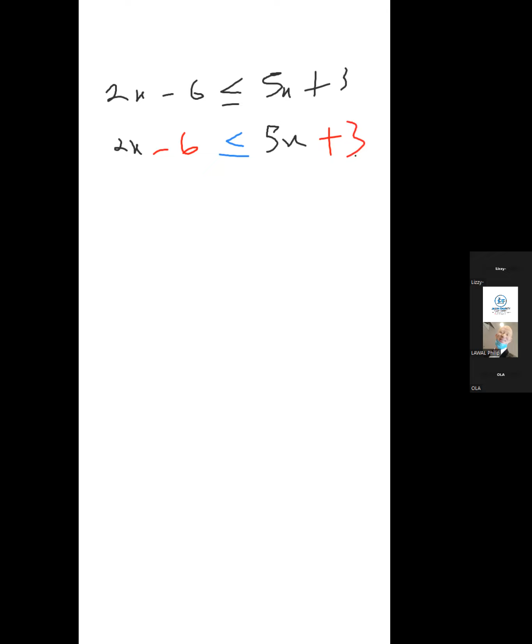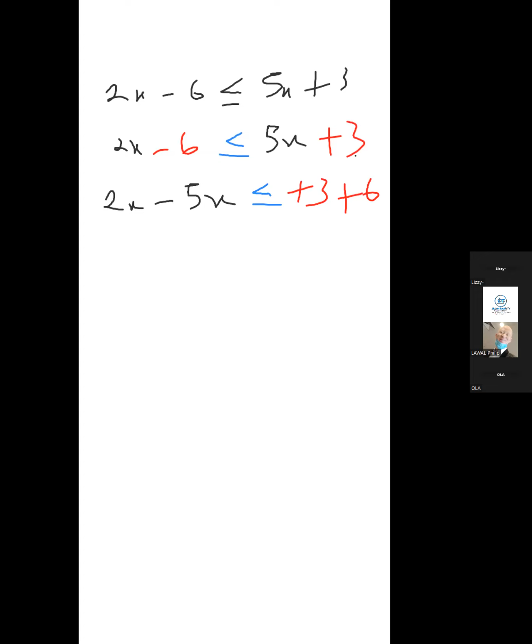So at this junction, I can bring all the x's together. So 2x, when 5x is moving to the other side, it will become minus 5x. That is less than or equal to, and then I have plus 3. 6 is coming to the other side, so it will be plus 6.